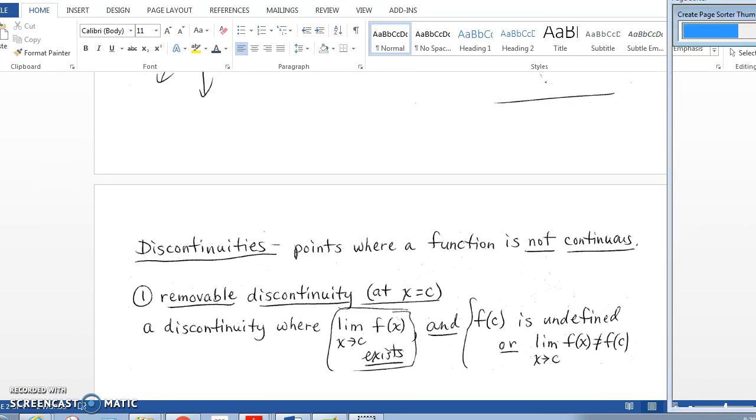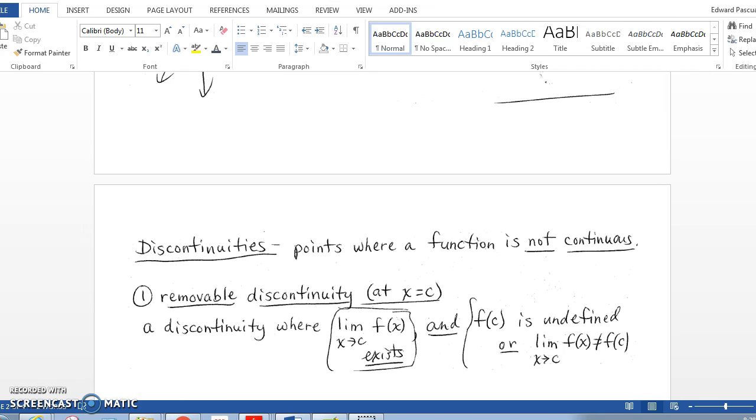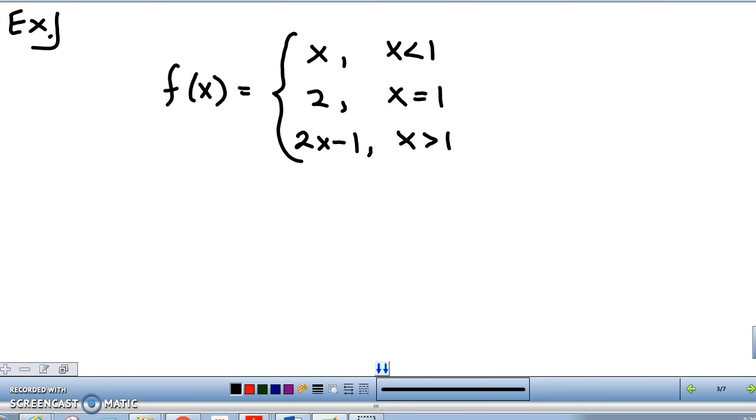Okay, so let's look at another example. Now let's look at a piecewise function.